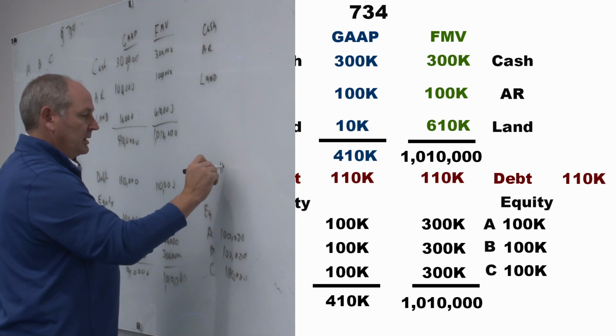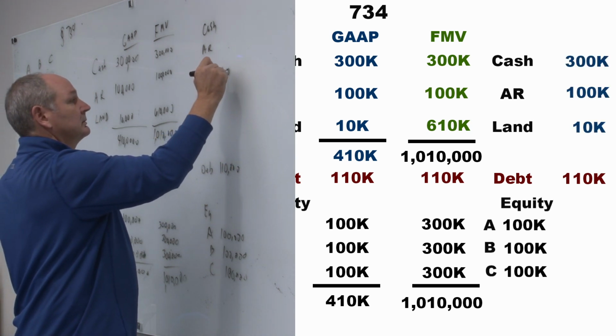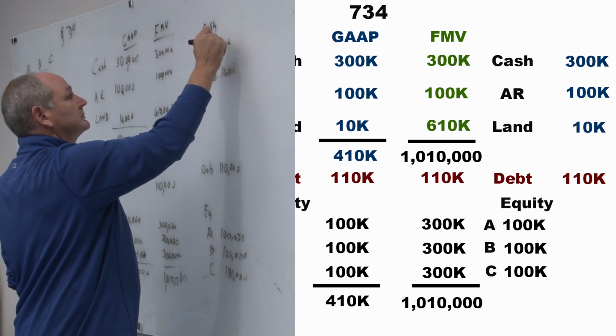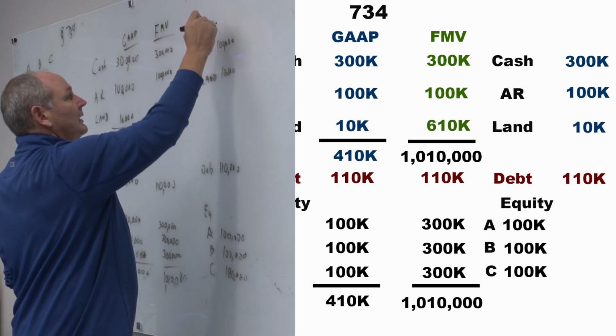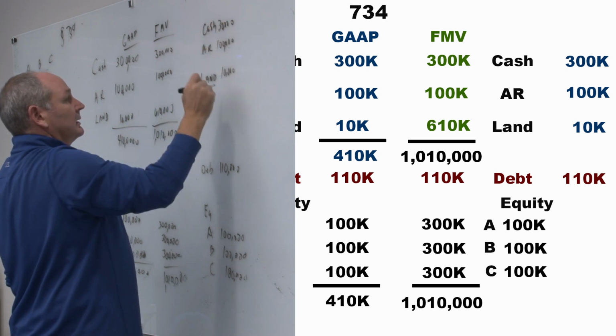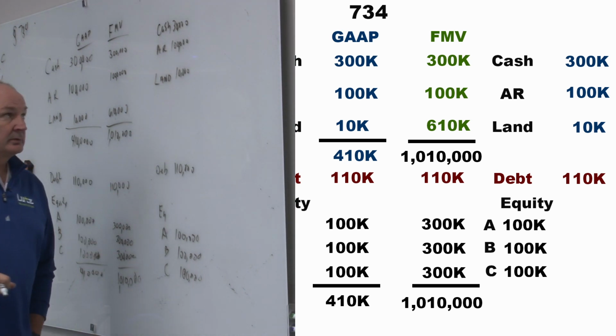Now I have debt 110, correct? I have land of 10. And I have AR of 100,000. And I have cash of 30, right? And that leaves me with, I'm not even going to worry about that. I'm not even going to worry about totals.